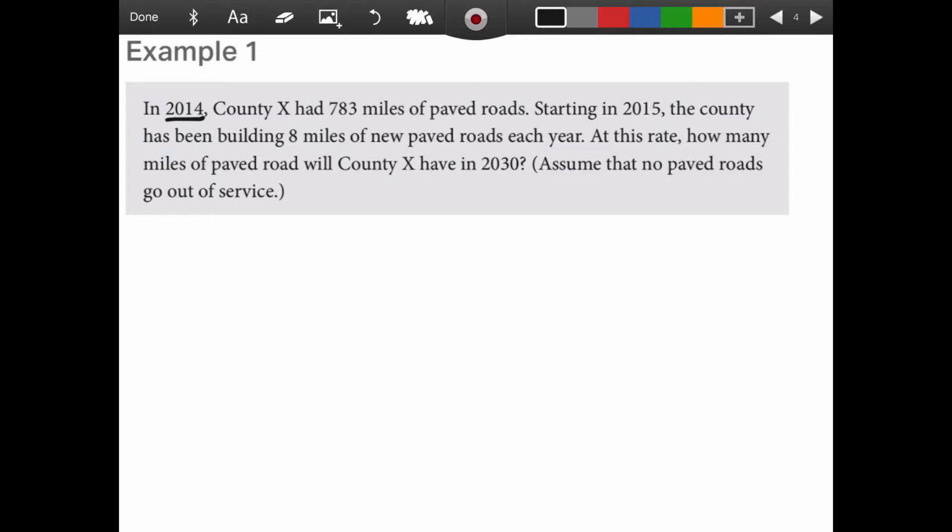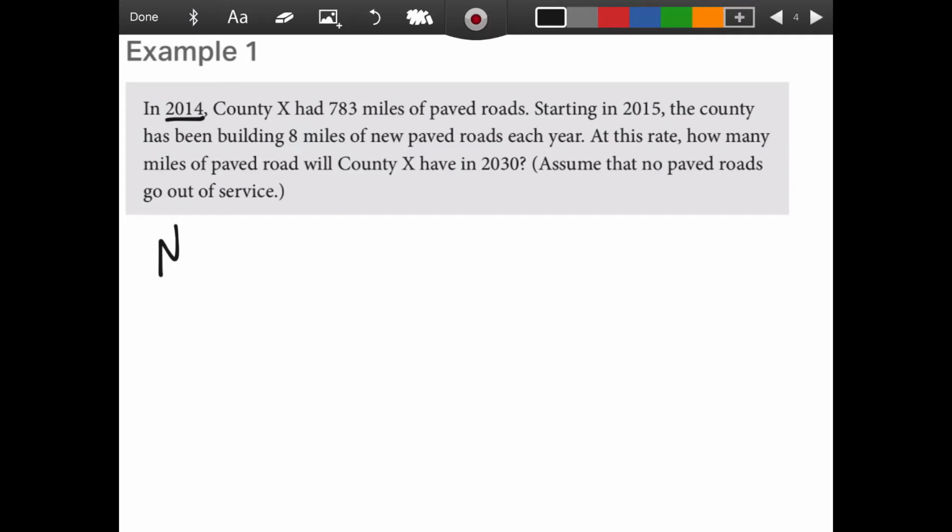So right away, just like I said in the last example, the first thing I want to decide is what variables I want to define. Now, the number of paved roads is going to depend on the year, and we know that the number of years after 2014, we're just going to represent with the letter n.